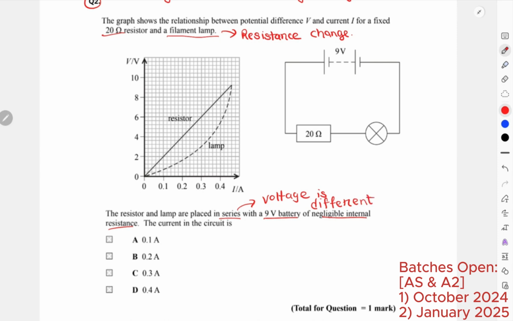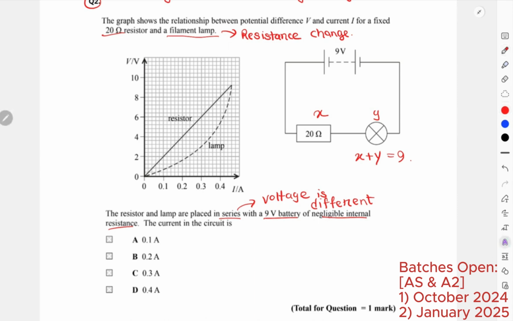That is missing. But whatever the ratio is, their final total voltage is supposed to be 9, right? Whatever these are, X and Y should always sum up to 9, because 9 volt is the total package that can be divided among the two components depending on the resistance each has.